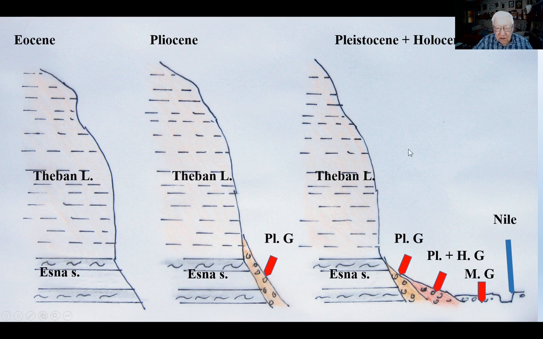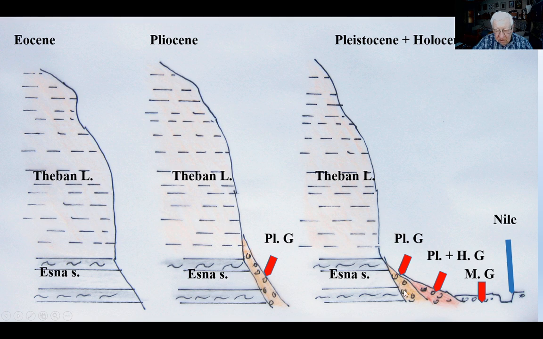And the next stage, Pleistocene and Holocene, was the next stage of erosion of Theban limestones, as well as of these Pliocene gravels, and a new generation of gravels with flints was formed. All flints originate from Theban limestones.